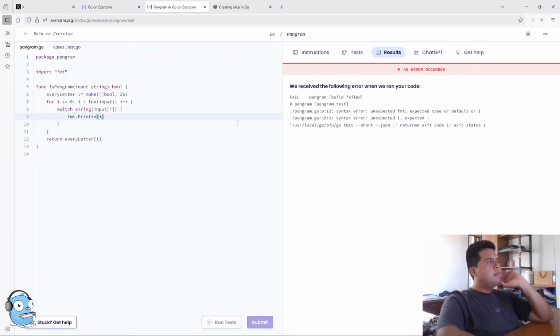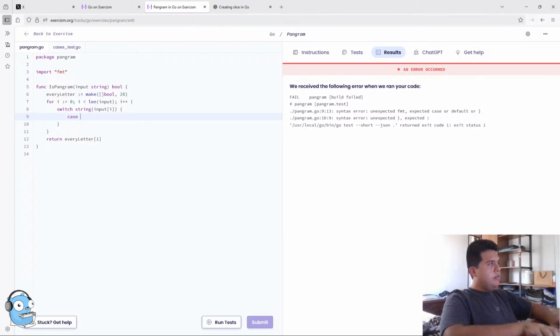On the third line, what happened? Syntax error, expected case or default. That's true. Case, that means that it doesn't have an error.